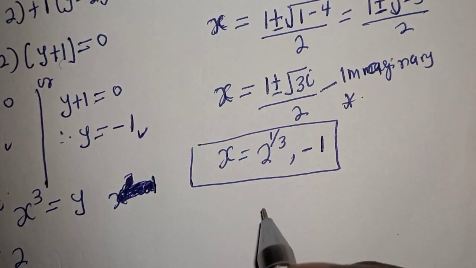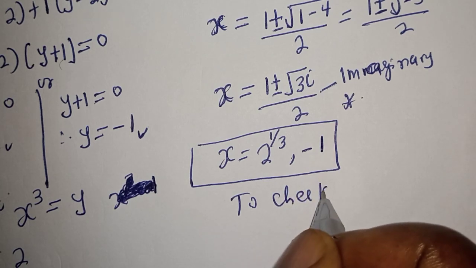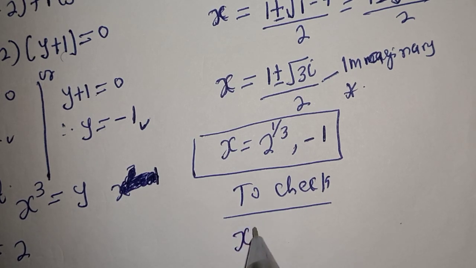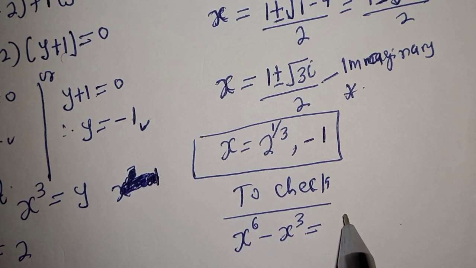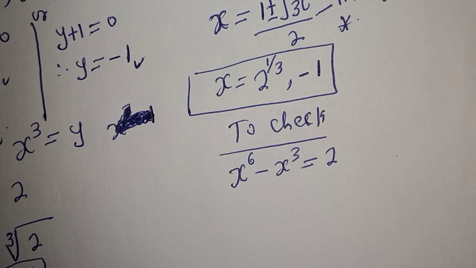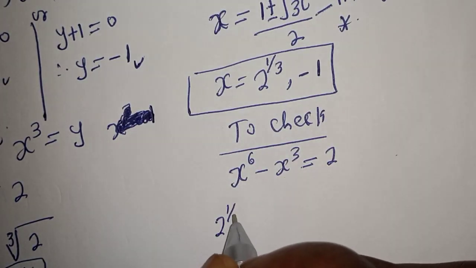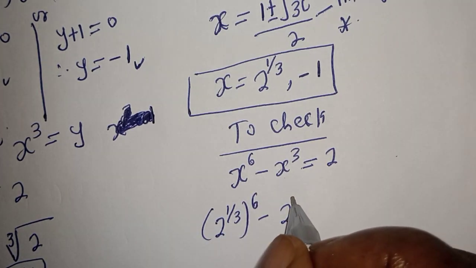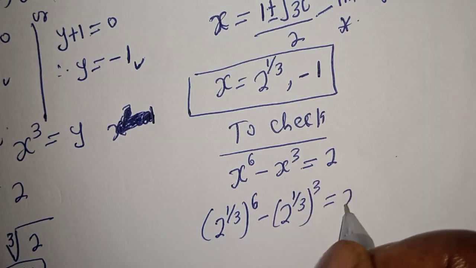We can check to confirm if our answer is right or wrong. Let's check. To check, we have the given equation. S raised to power 6 minus s raised to power 3 is equal to 2. When s is 2 raised to power 1 over 3, this is 2 raised to power 1 over 3 to the power of 6 minus 2 raised to power 1 over 3 to the power of 3 must be equal to 2.